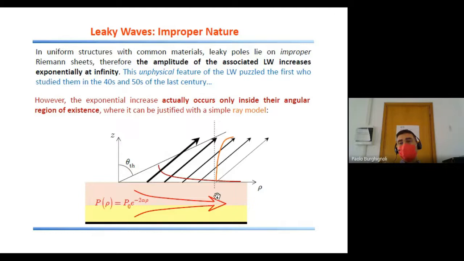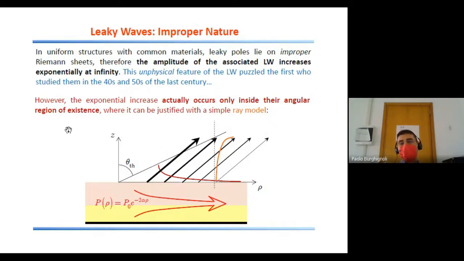And this is exactly the mechanism of exponential increase that is associated with the improper nature of the leaky wave. So there is no puzzle. This is what is actually observed. However, this stops when you reach the upper boundary. So when you get to the threshold angle, beyond which essentially the field is dominated by the space wave, so by the dominant asymptotics due to the saddle point or the geometrical optics field.